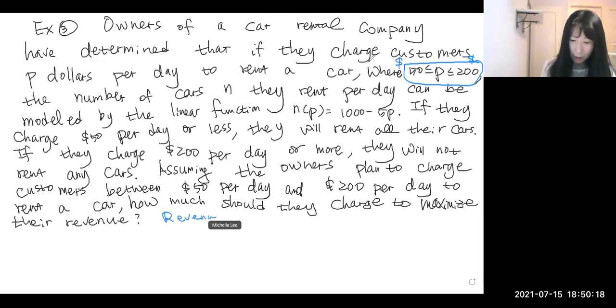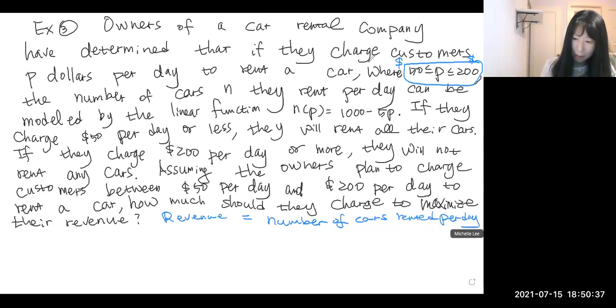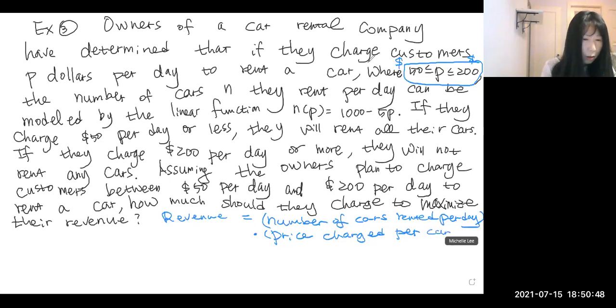Revenue is N times P. So N in this case is the number of cars rented per day, times the price charged per car per day, right?